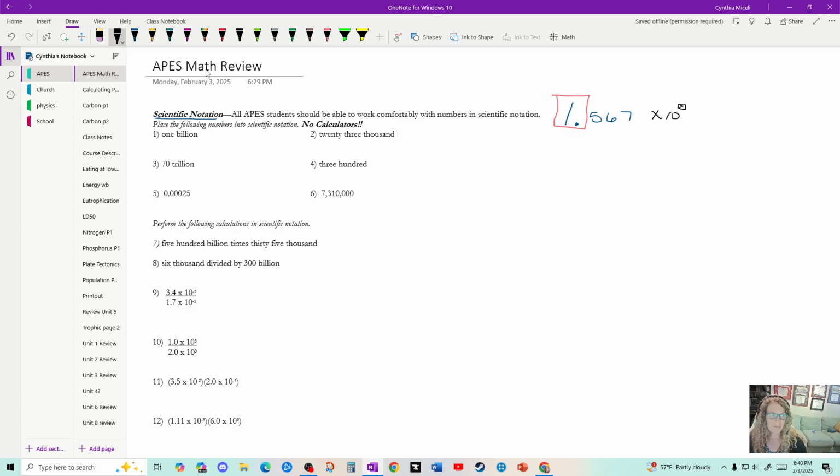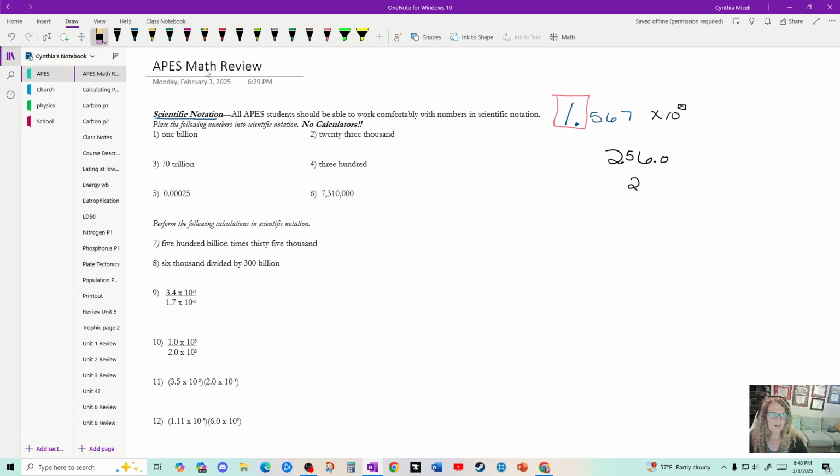So for example, let's say I have 256. Well, the number 256 has an implied decimal point right here. According to our scientific notation rule, we want to move this decimal so it's right here. I forgot the other numbers.